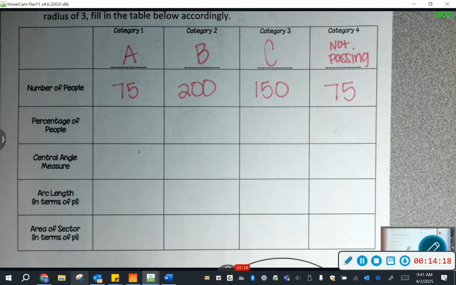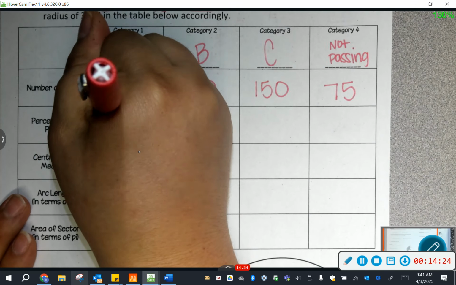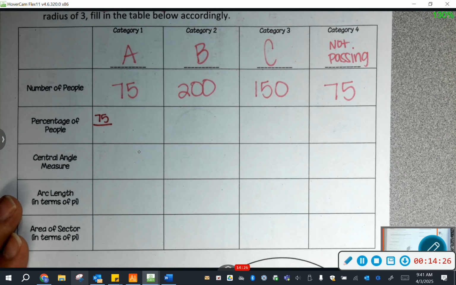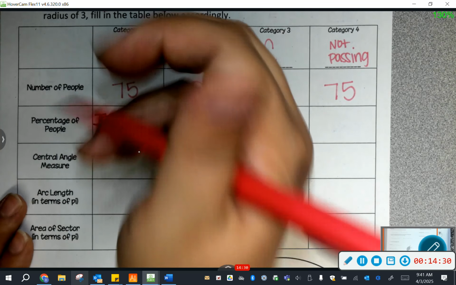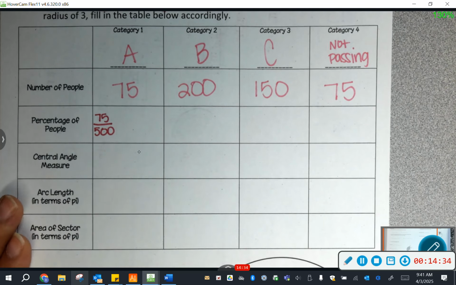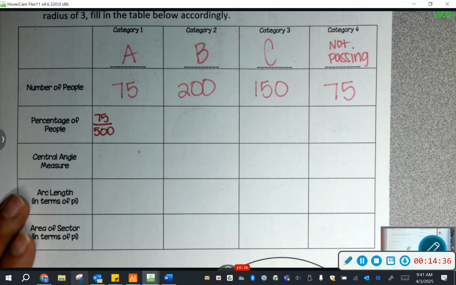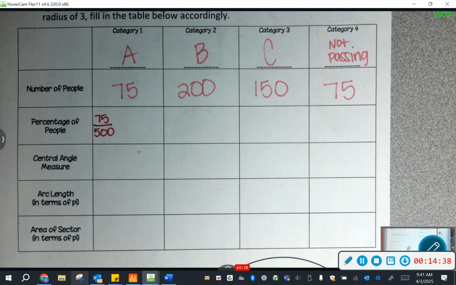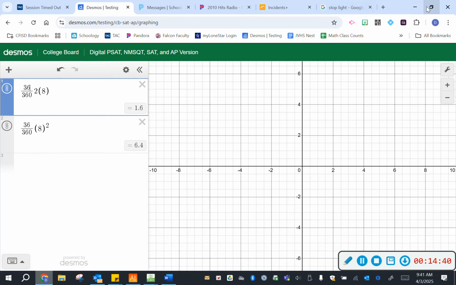It's out of 100, right? So what we're going to do is, how many A's does she have? 75. Out of how many people does she have? She has 500 students. Do y'all agree 75 out of her 500 students have A's? Now, I want a percent though.